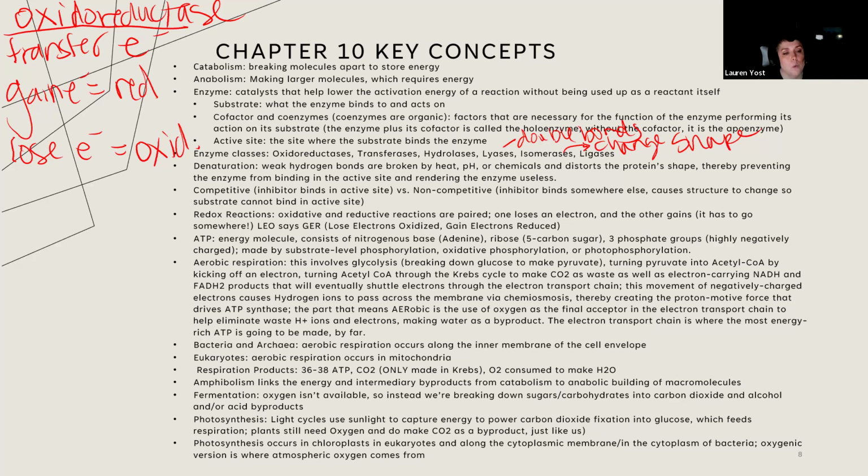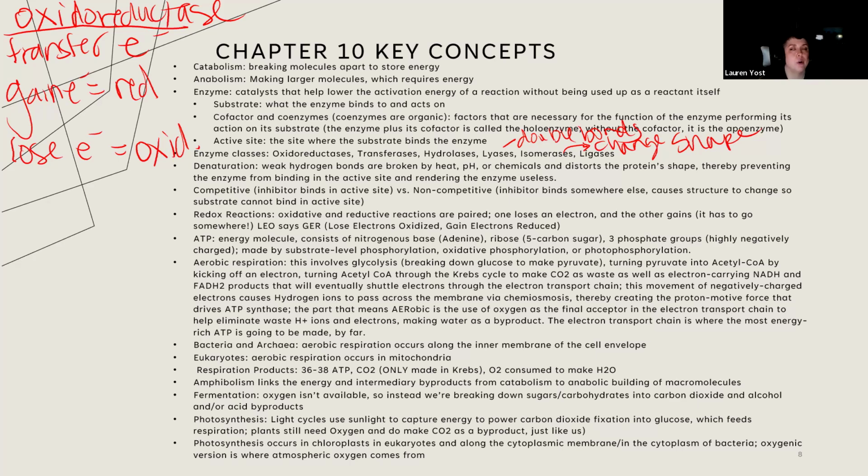And so we can disrupt that by having too many protons or too few protons, or just by adding some heat, like we talked about with denaturing DNA. It works the same way with proteins. Then we can also control our protein function, not just by denaturation of the protein, but by including inhibitors.